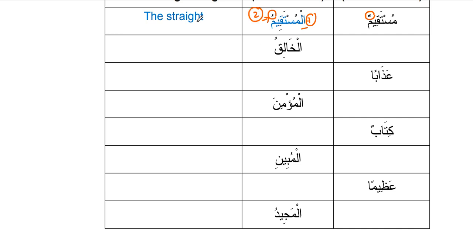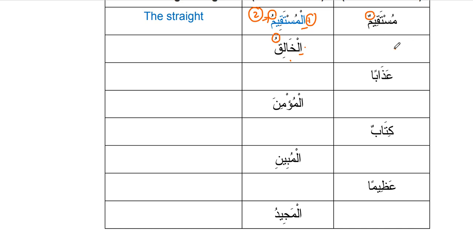Okay, the straight. Now, when you see there is no nakira word given here, how will you make nakira? When there is a word here, khaliq with al, you know that it is a definite noun and it has a single dhamma. Now you need to make this word nakira. What will you do? Simple. Remove the lamat tarif and give a tanween.